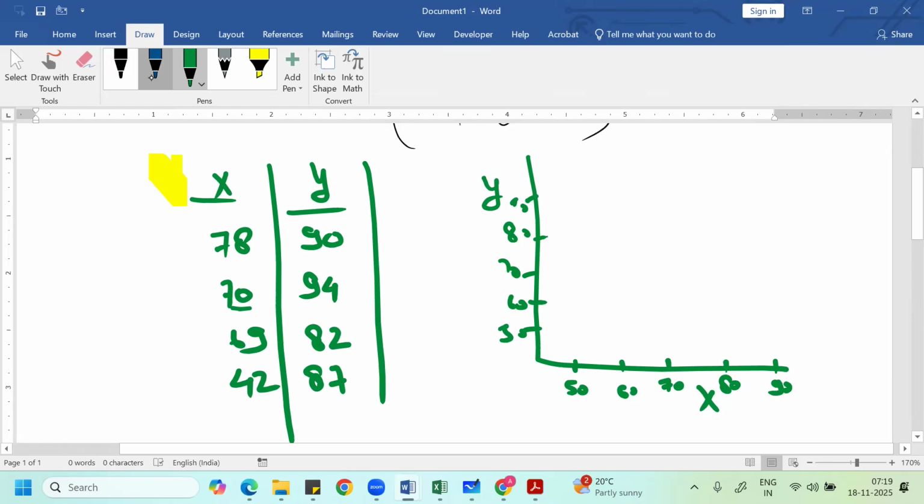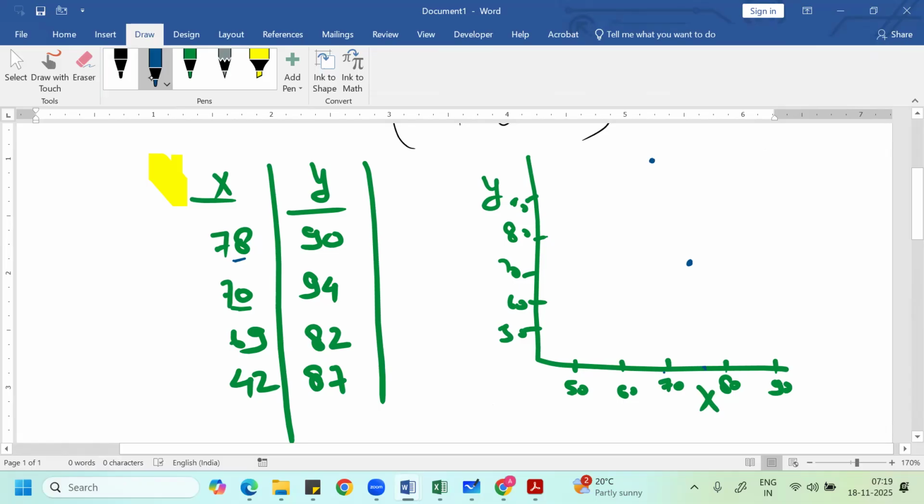When x is 78, what is y? x 78 is somewhere here, and y is 70, which is here, and this is the point of intersection. Then when x is 70, y is 94, which will be here.